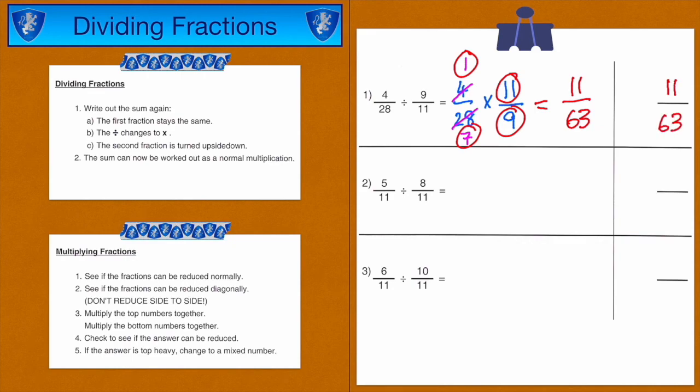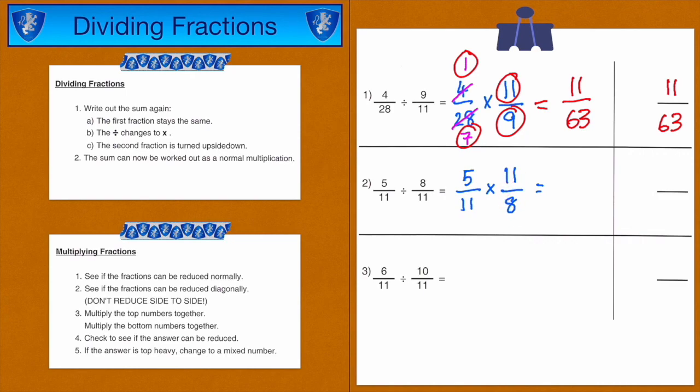Right then, now next one, we've got first fraction stays the same, so it's 5 over 11. Divide changes to times. Now this second fraction is not going to be 8 over 11 anymore, it's going to be 11 over 8. So 11 over 8. So let's see. We can't do anything with 5 and 11. We can't do anything with 11 and 8.